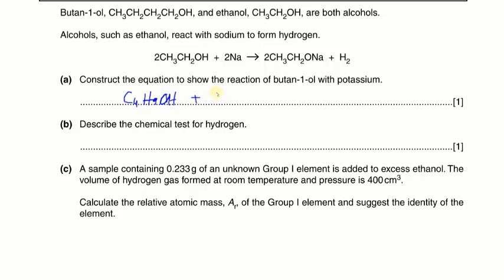It will react with potassium and give you C4H9OK plus H2. On the similar equation, we have constructed this equation. Balancing will also be the same. There's no change. So that is your equation, constructed with the help of the given equation.